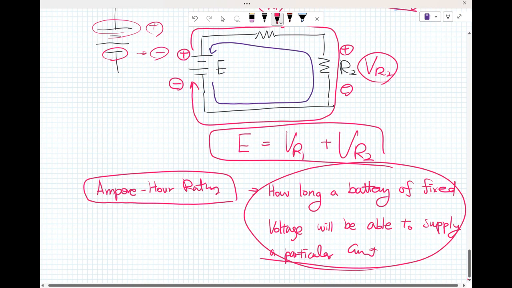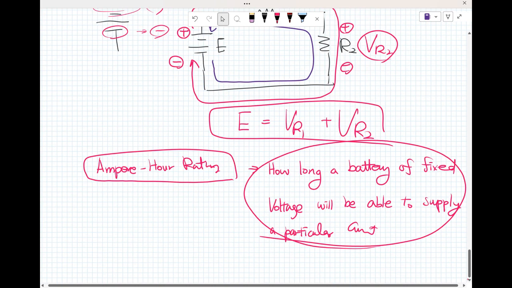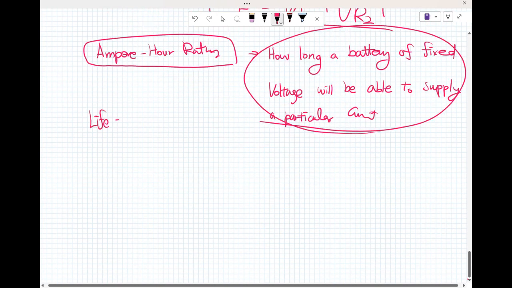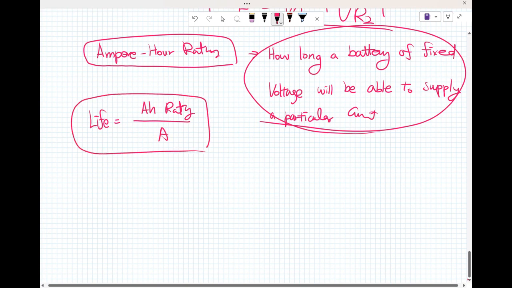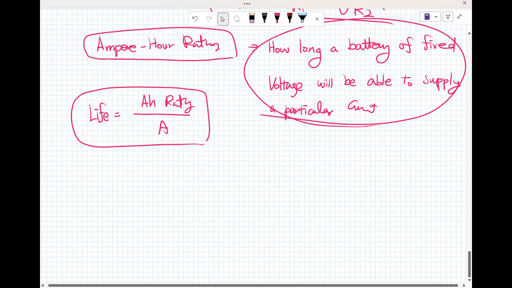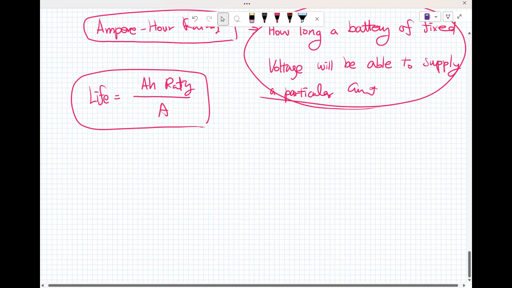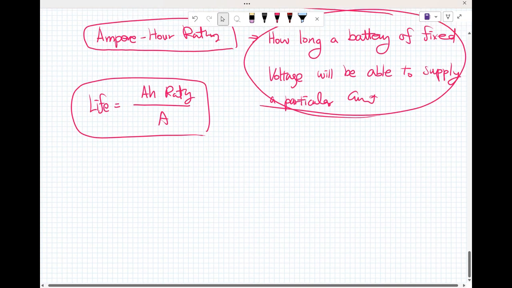So that is the formula: life equals the AH rating, the ampere-hour rating, divided by the amperes. We have to practice this for the homework or the quiz.